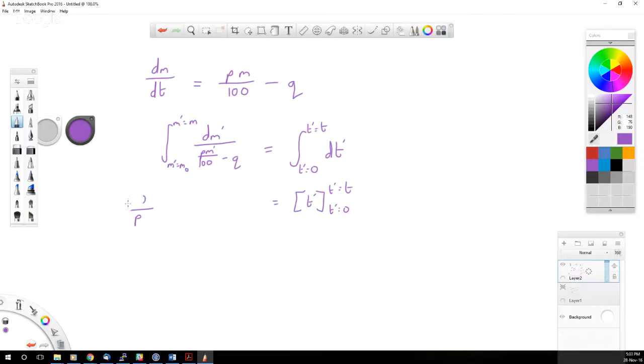Let us pick a substitution. U equals pM dash over 100 minus q. So du over dM dash is equal to p over 100. So our dM dash is equal to du times 100 over p. So we get 100 over p, du over u.